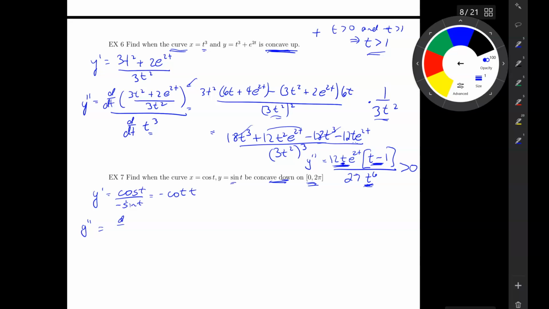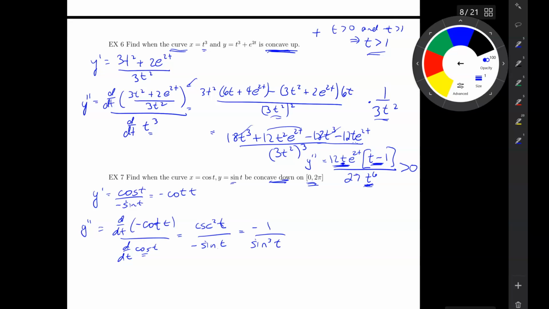So the second derivative is to take the derivative of the first derivative and put it over the derivative of x again, right? So the derivative of negative cotangent would be a positive cosecant squared of t, and the derivative here would give me a negative sine of t.